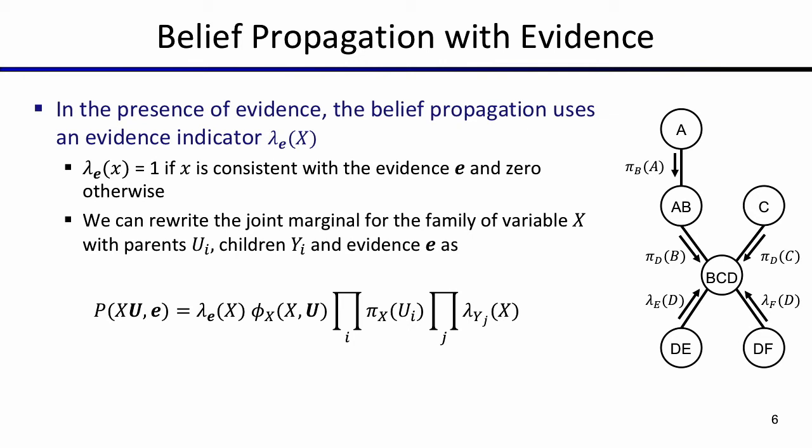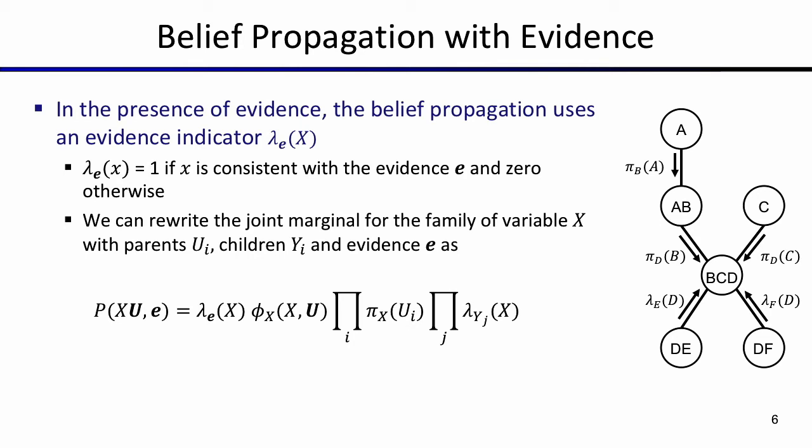In the case that we have evidence, we use the same technique that we did before. We have the evidence indicators. These evidence indicators are factors that are compatible with the evidence. They associate one to the entries that are consistent with the evidence, and we multiply those evidence indicators to the factors respecting the variable.